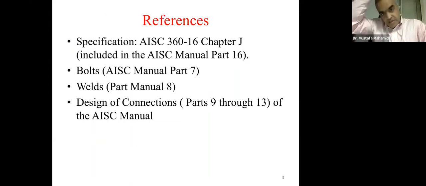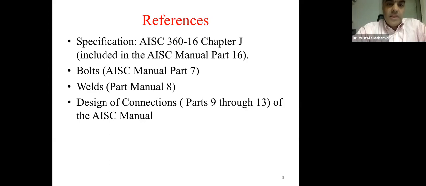Okay, the references are AISC 360-2016 Chapter J. That's the connection chapter in AISC, and it's the largest chapter in the specification. And then AISC Manual Part 7, which is the bolts, and Part 8 with the welds, and design of connections, which are Parts 9 through 13 of the AISC Manual.